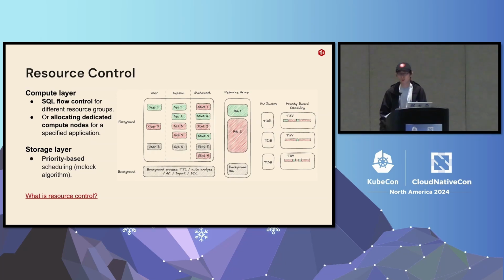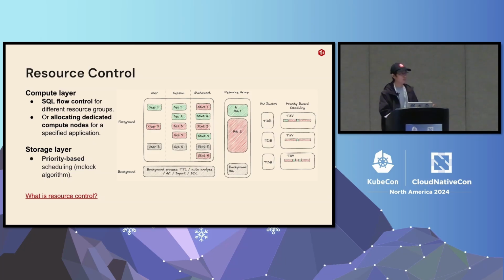So we introduced the resource control feature, which can control users from a specific tenant or application. Basically, the idea is we have different strategies for the compute layer and the storage layer, and we introduced the resource group concept.